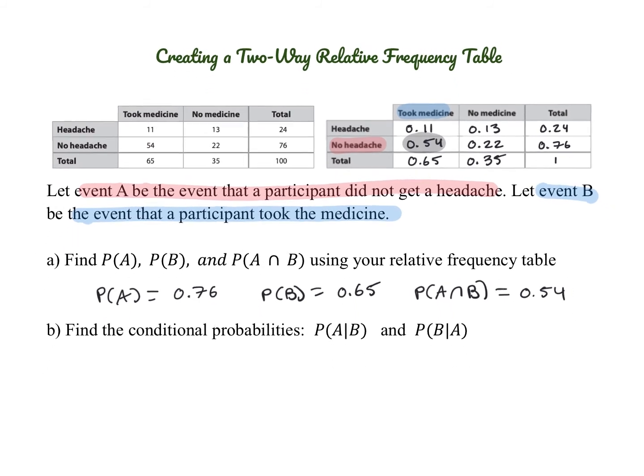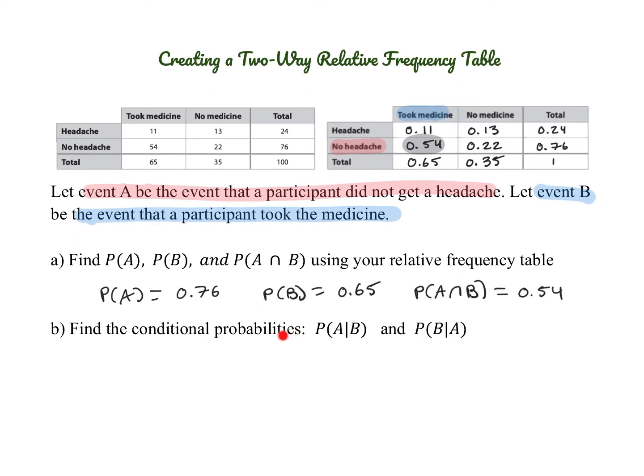So for part B, we're going to be finding the conditional probabilities. Here we'd have to do just a little more work, but we're finding the conditional probability of event A given B. So we have to start with the given, or the condition, which is that the participant took the medicine. So of the people that took the medicine, that total would be 0.65. So A given B, our denominator will be 0.65.